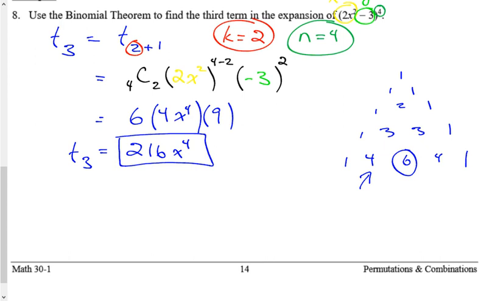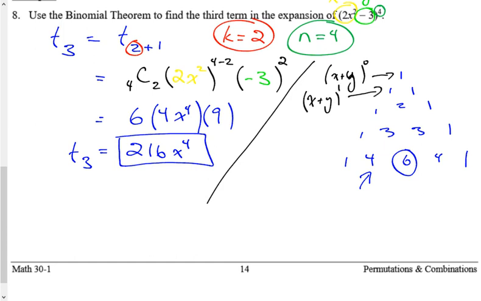That's right. So that's a good question for us to talk about right now. When we think about the expansions, this is like x plus y to the exponent 0 is going to be that first row. Anything to the exponent 0 is 1, so it's just equal to 1. The next one is going to be x plus y to the exponent 1. That'll be in the second row. So again, our n value is always 1 less than the row number.